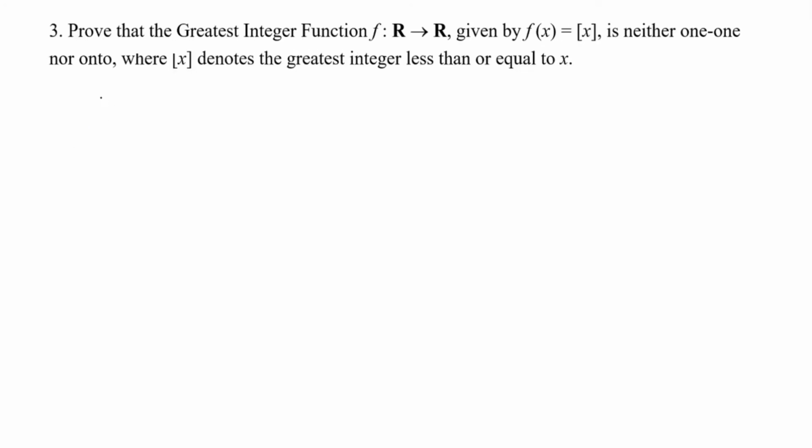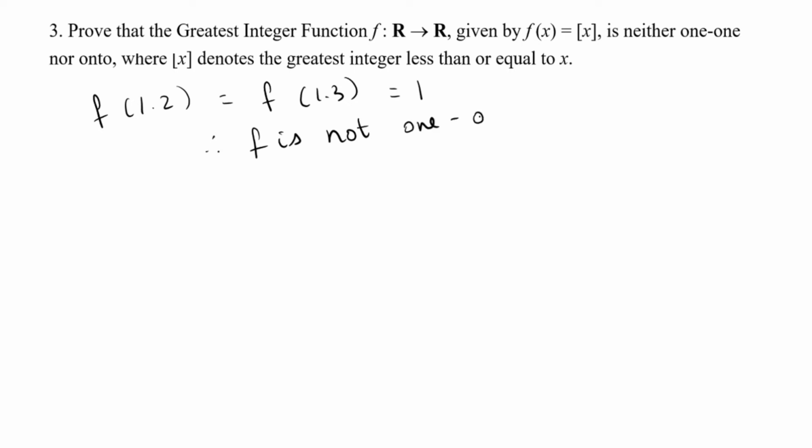If we take f of 1.2, the greatest integer which is less than or equal to 1.2 is equal to 1, and if we take f of 1.3, then the greatest integer less than or equal to 1.3 is also equal to 1. So we have two elements in the domain having the same image 1. So f is not one to one.